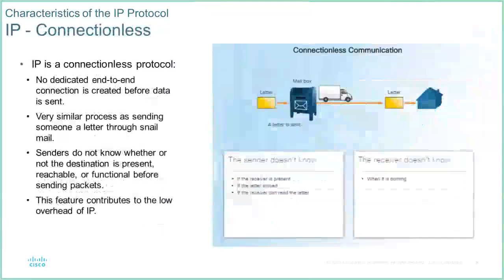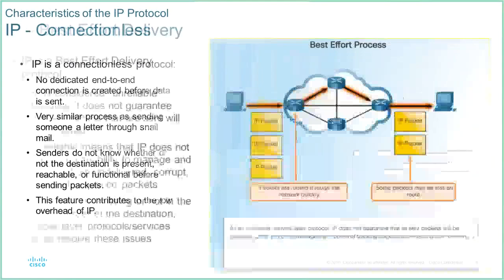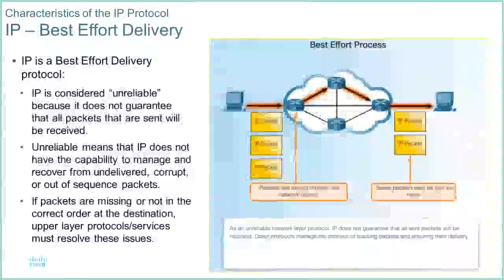So here we have what I was just saying, that it's similar to post. You drop the data into the packet, it gets sent on its way and delivered to the other end, but you don't know whether it's delivered or not, and the recipient doesn't know whether it's on its way.